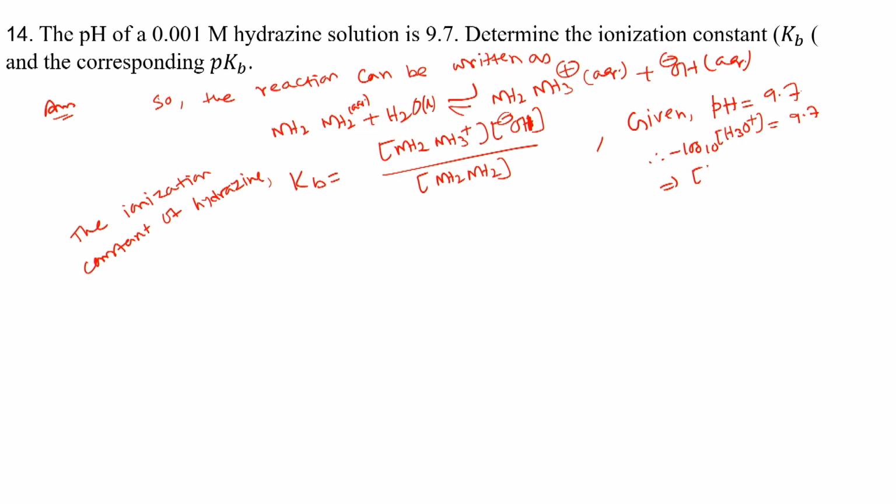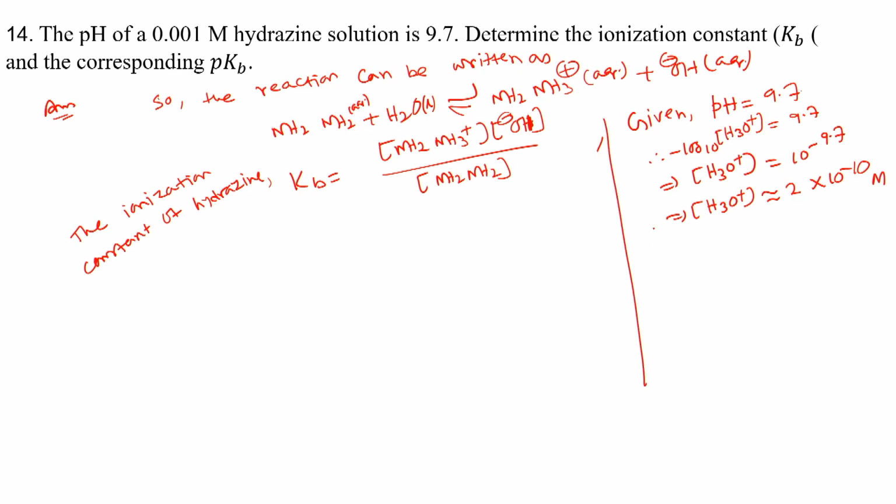So the concentration of H3O plus is 10 raised to the minus 9.7. If we calculate it, we get the concentration of H3O plus is roughly 2 times 10 to the minus 10 molar.